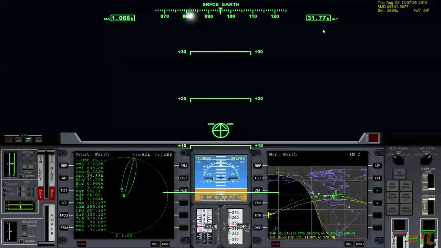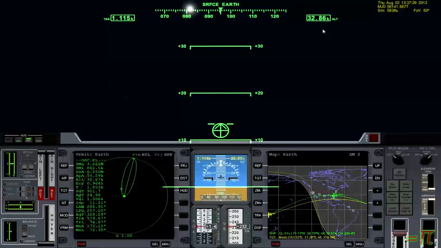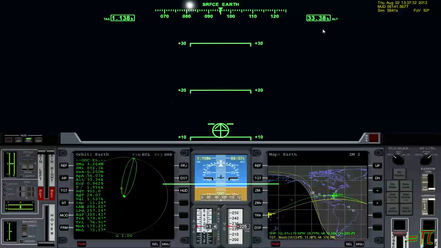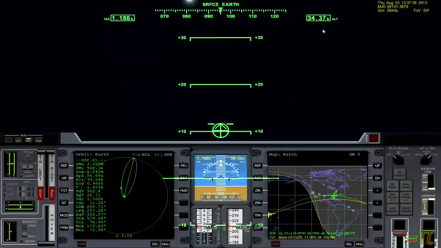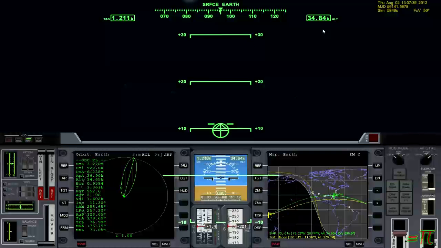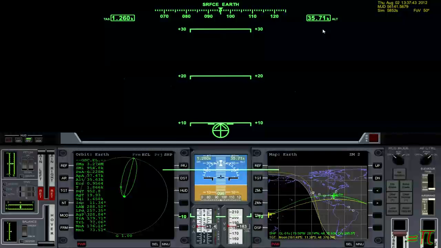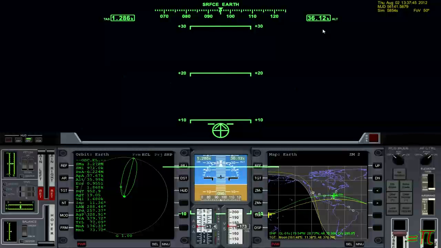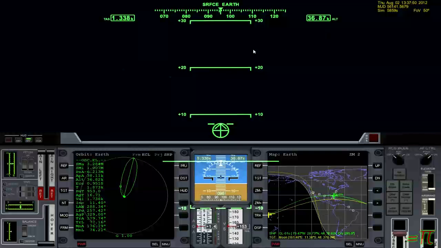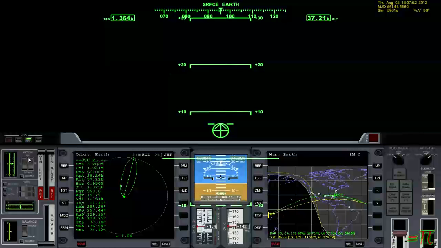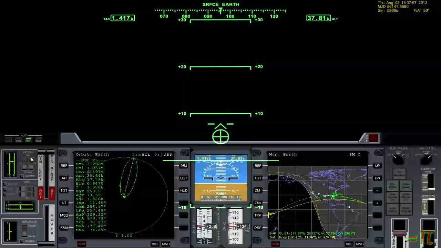Getting dark out there. Starting to approach the edge of space. 35 kilometers altitude. Gimbal the engines a little bit for a little more up pitch.